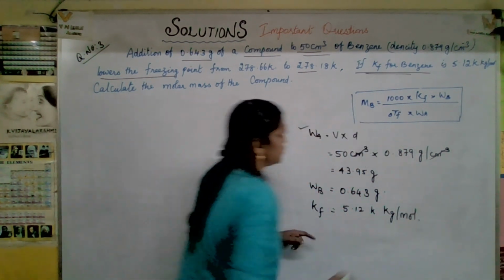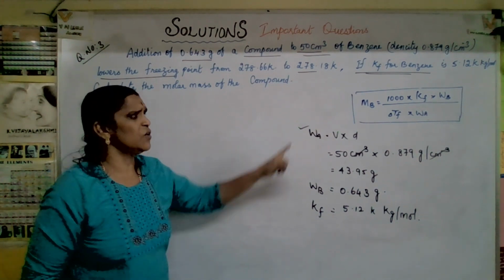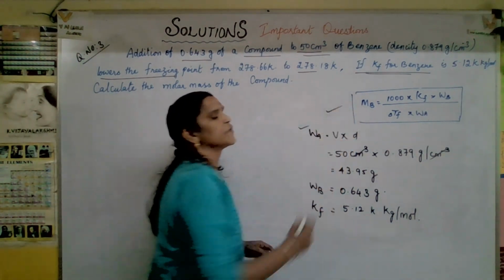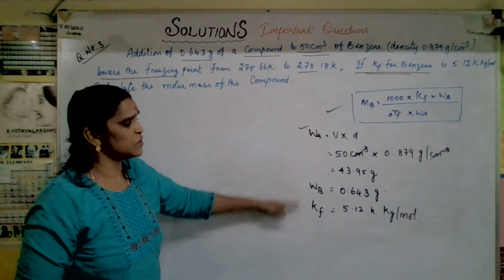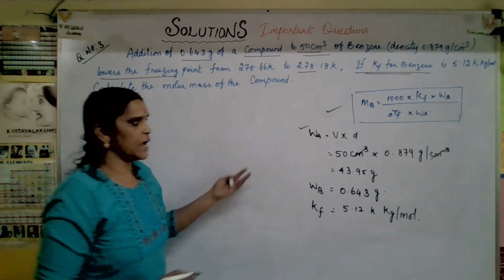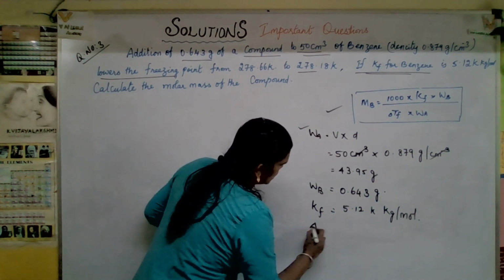See, like this, if you write the values clearly first, it will be easy to apply them in the sum. Delta TF.